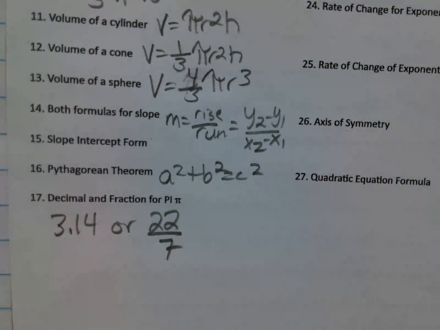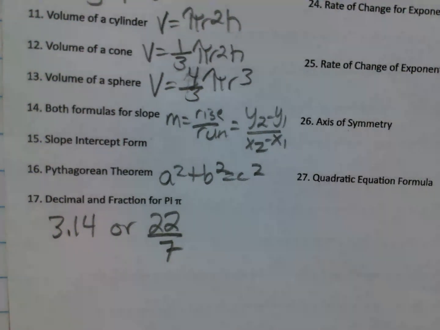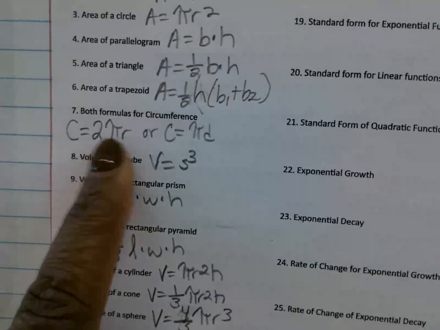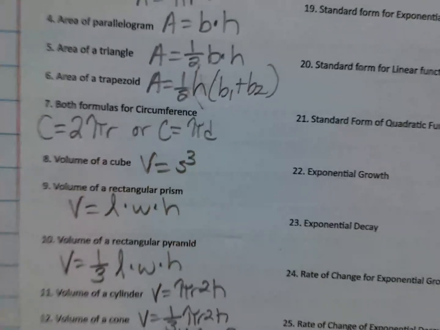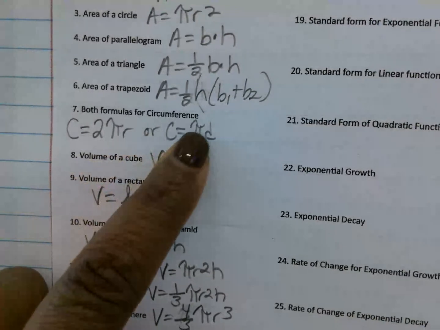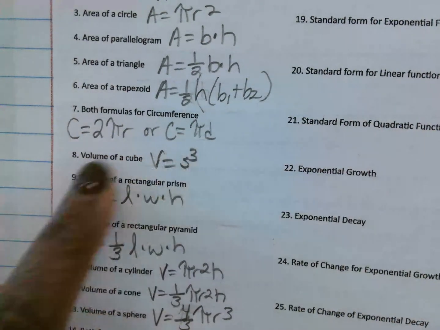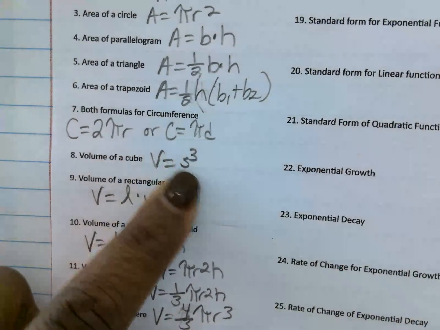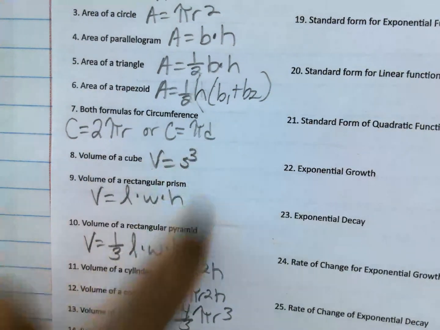Okay. All right, we ready? No? Okay, I'll pause for the calls. All right, so some people were looking at this. Both formulas for circumference, Rosalind, are C is equal to 2 pi r or C is equal to pi d. Okay? Volume of a cube is V is equal to S to the third power.